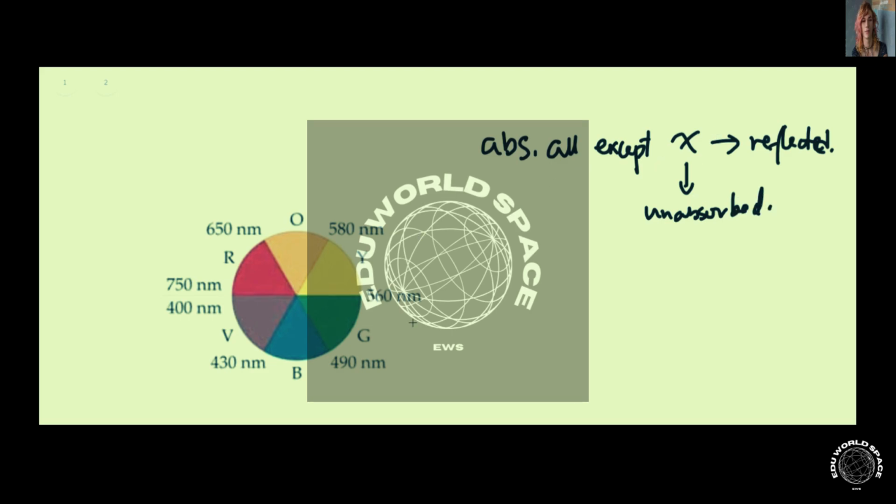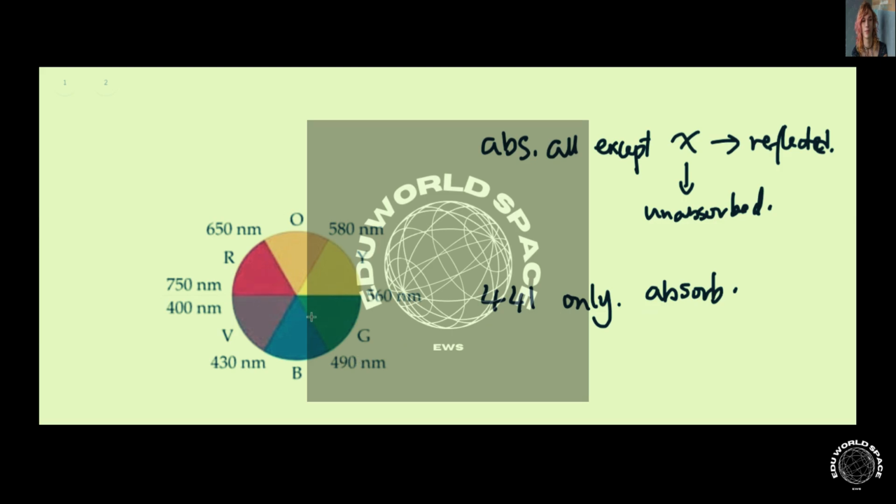However, in this case, 441 is the only region that absorbs. So if a substance absorbs light toward this region, the color we see is toward the opposite, or the complementary region.